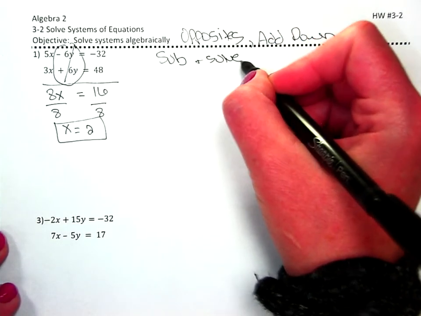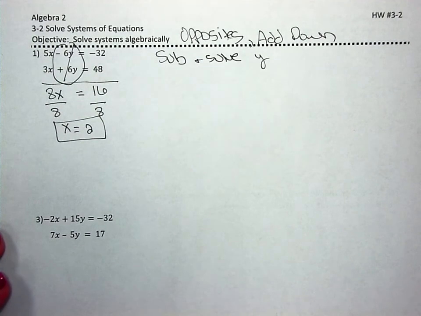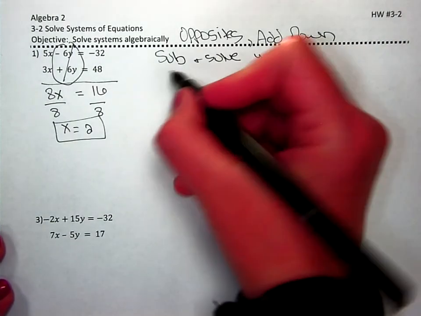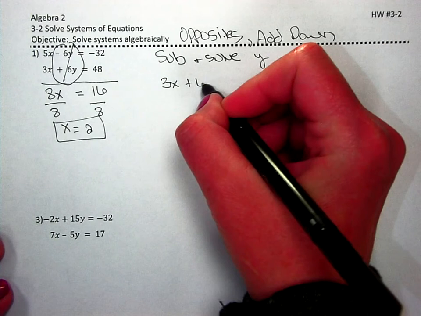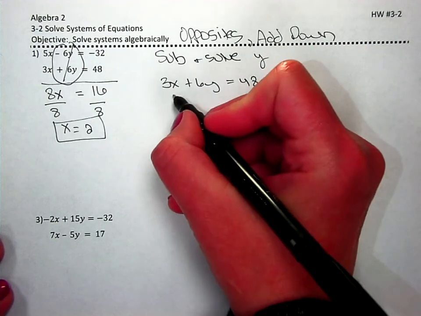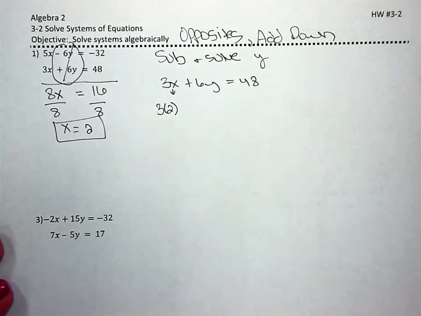And now we're going to substitute, and we're going to solve for y, or whatever your other variable happens to be. Doesn't matter which one you choose, whatever you think would be easiest. I'm going to use 3x plus 6y equals 48 this time. So I know that x equals 2, so I'm going to sub 2 in for x.